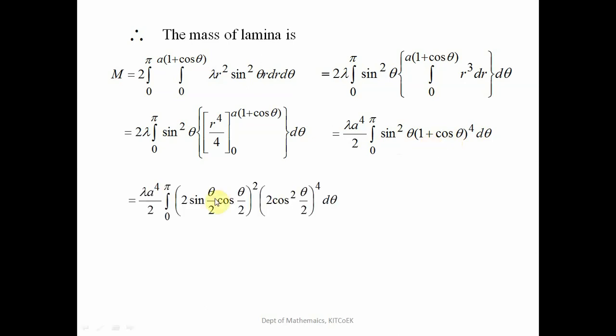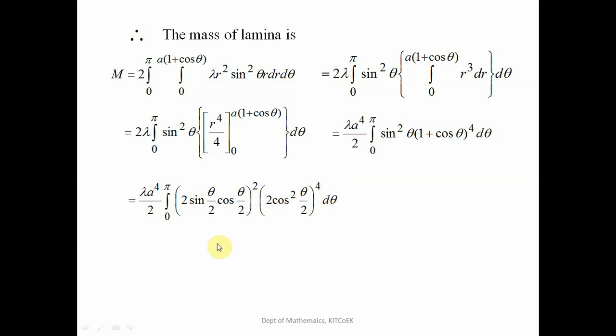So our next step is constant multiple lambda a raised to 4 upon 2 as it is, integration 0 to pi. Sin theta is to be replaced by 2 sin theta by 2 cos theta by 2, 1 plus cos theta replaced by 2 cos square theta by 2, that bracket to the power 4.